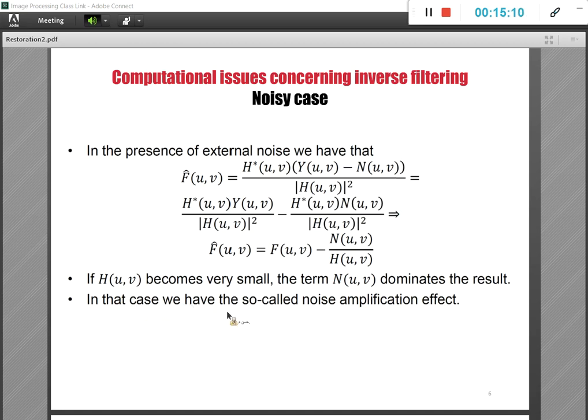In that case, we have the so-called noise amplification effect: N over a small H amplifies noise, where H is small or zero. We will solve this problem in the next items. This is a bad effect, amplifying noise.